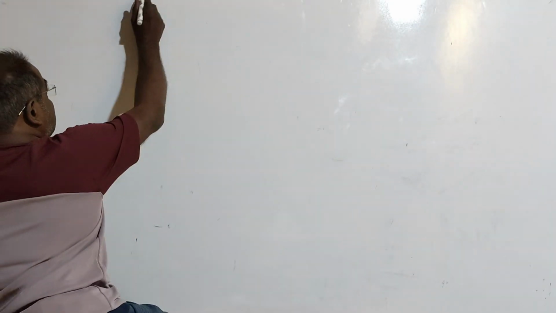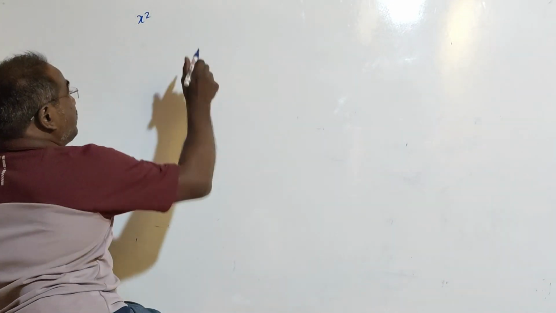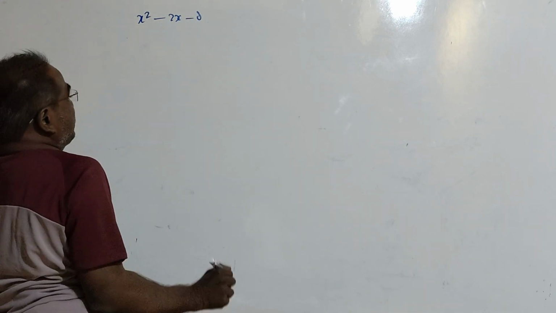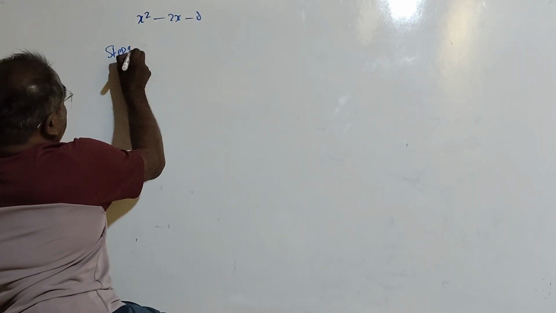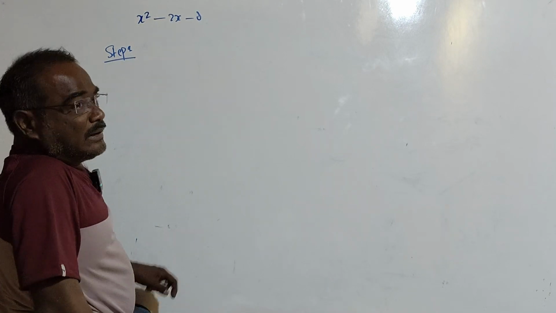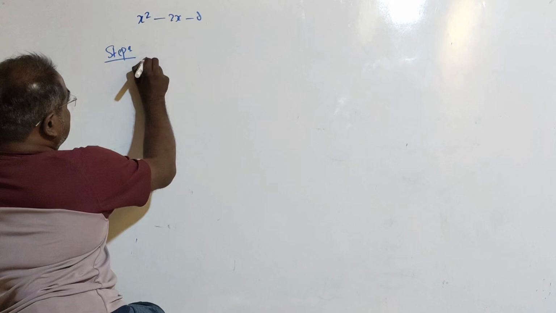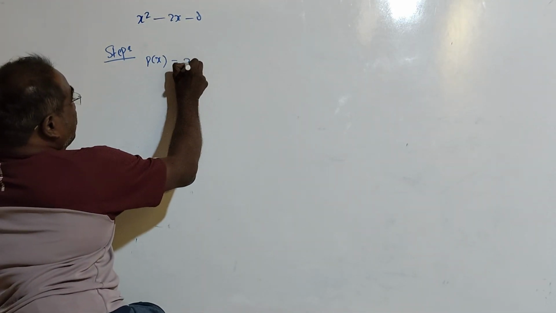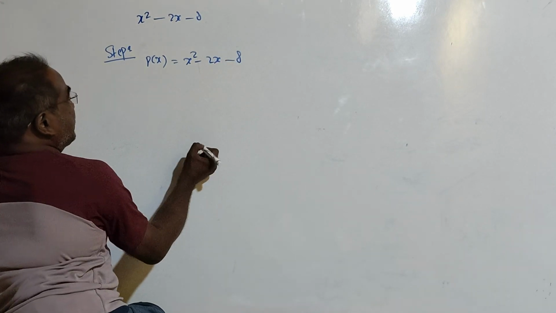Example number 1. See, x square minus 2x minus 8. Step number 1. Arrange them in decreasing order of degree. That is p of x equal to x square minus 2x minus 8.